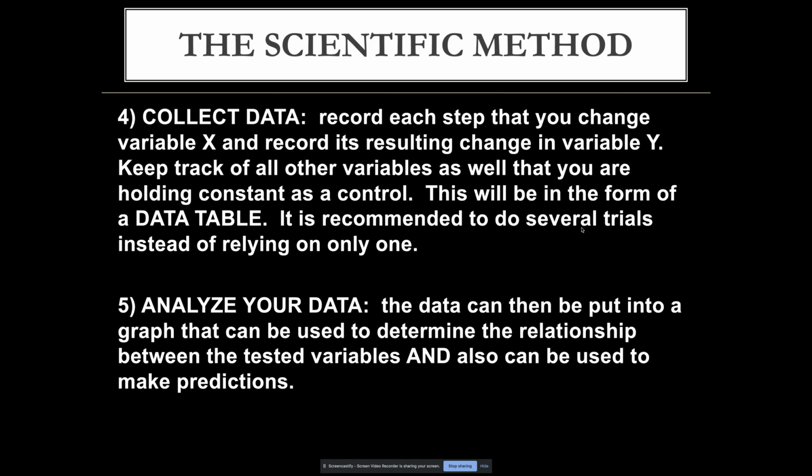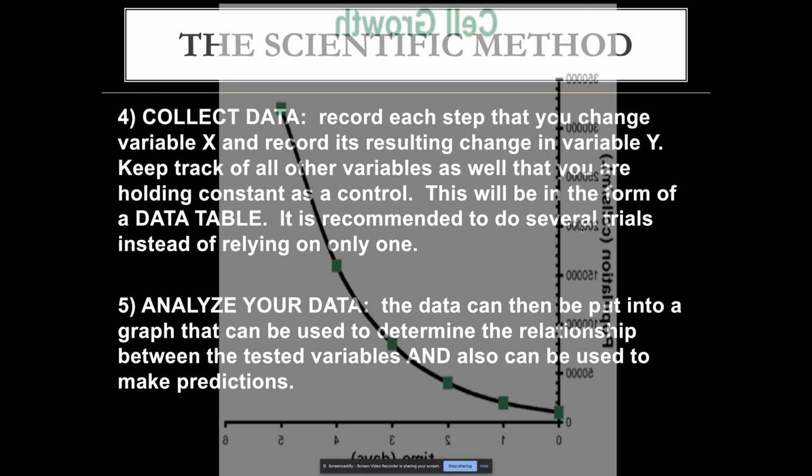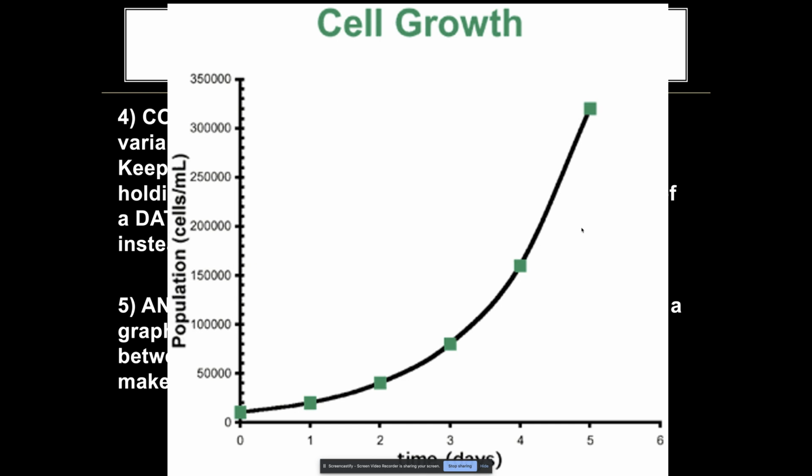And then you analyze your data on a graph. Using this, we can see the relationship. As time increases, the number of cells increases, and it looks like it's doing so exponentially. So what we do is we take this particular curve, we find a function that fits it, and we create a math equation so that if I want to know, well, if 500 days goes by, how many cells can we expect?